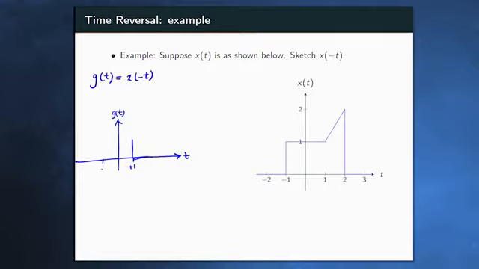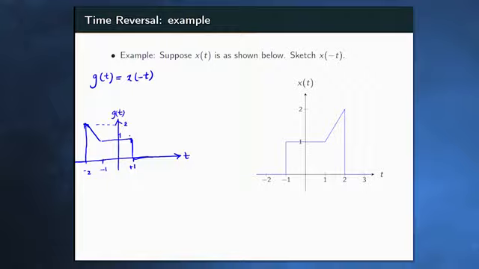All right, -1 in here, -2 in here. I expect to get it here like this, and then like this, and then like this. This is 2, this is 1, good, and this is my graph of g of t.